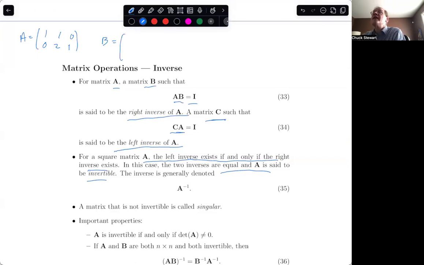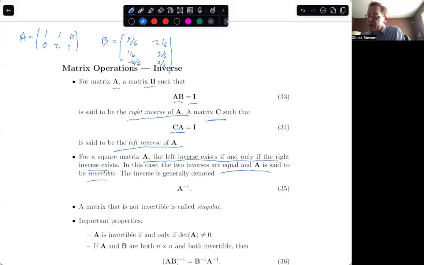B equals 5 sixths, minus 2 sixths, 1 sixth, 3 sixths, minus 2 sixths, 2 sixths. Let's see if that actually works.